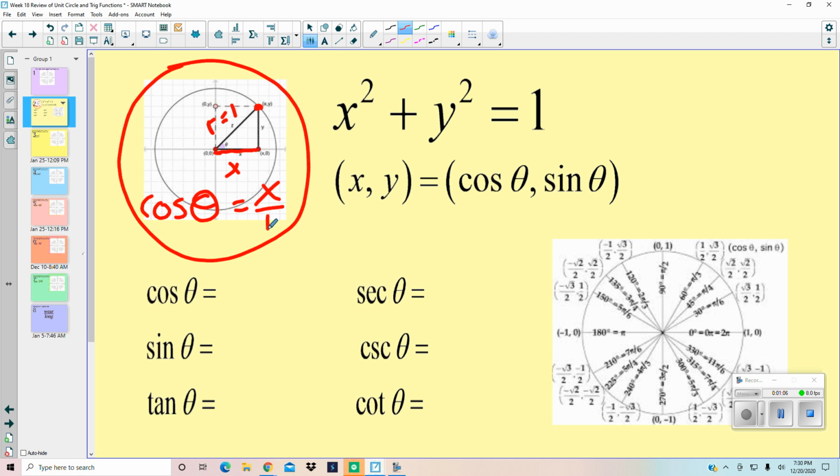So it would be exactly x. So the cosine of theta and x would be the same because the cosine of theta is adjacent over hypotenuse, which is x over 1. The sine of theta then would be y because the sine of theta is opposite over hypotenuse, so that'd be y over 1, so it would be just y.